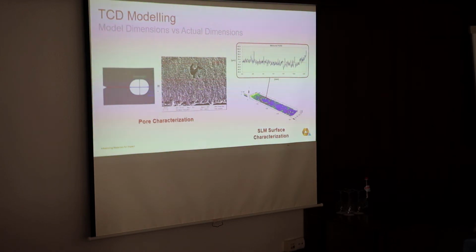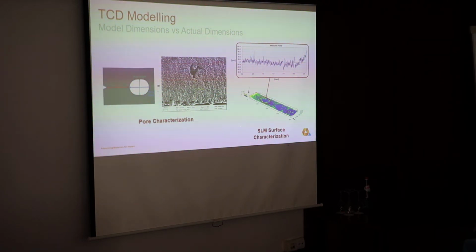In order to make TCD predictions, we also needed to model our specimens within a finite element analysis program. So to make this process as accurate as possible, we wanted to implement the actual dimensions of our specimens as printed into our model.